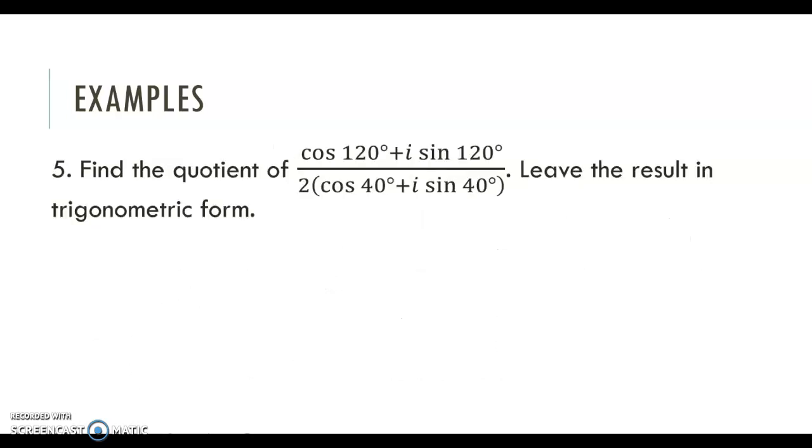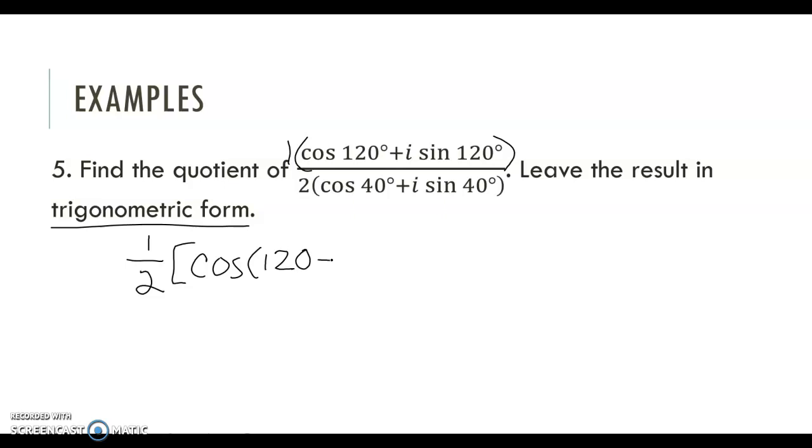Okay, let's do a division. So we are going to find the quotient, and again, we are going to leave our answer in trig form. So here, this r value is assumed to be a 1. So if we divide the r values, we get 1/2, 1 divided by 2. And then cosine, we are going to subtract the theta value, so 120 minus 40 degrees, plus i sine 120 minus 40 degrees.